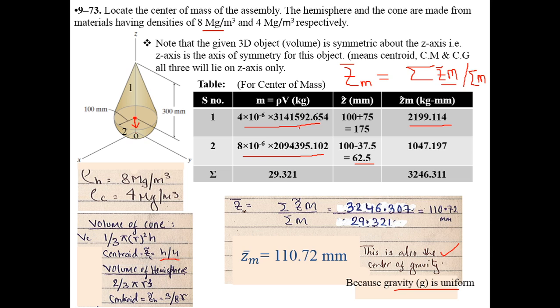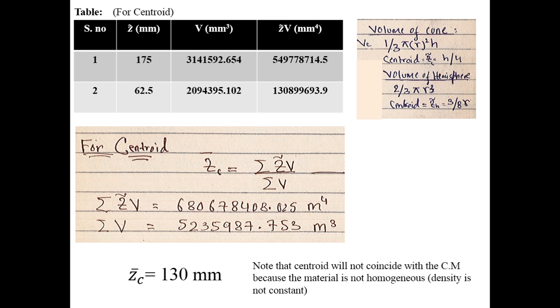So let's move on to calculating the centroid of this 3D volume. For centroid, because it is a three-dimensional volume, you have to use this formula. The centroid for this composite shape will be summation of z tilde into v divided by summation of v, and this v is basically the volume.